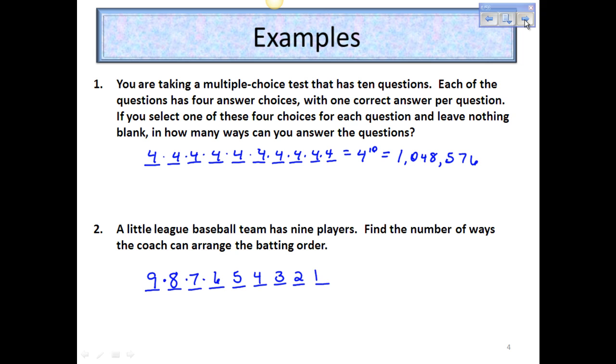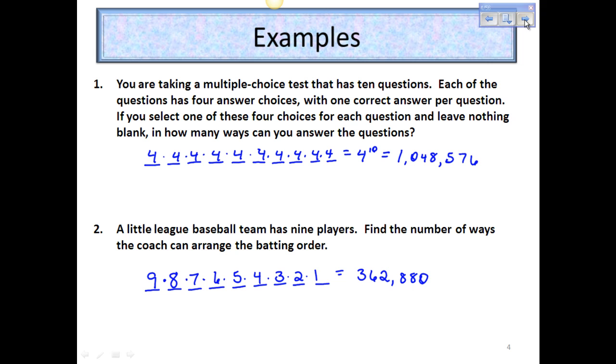So when we multiply these together, 9 times 8 times 7 times 6 times 5 times 4 times 3 times 2 times 1, we get 362,880.